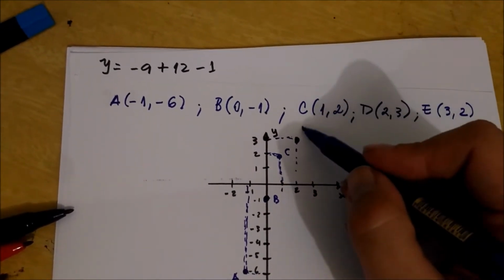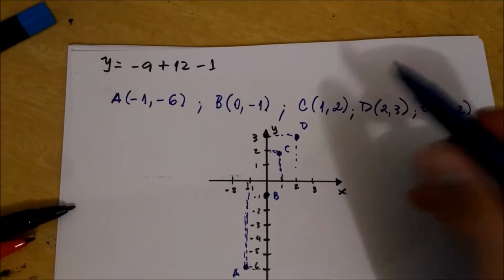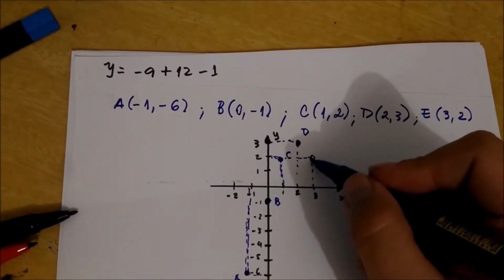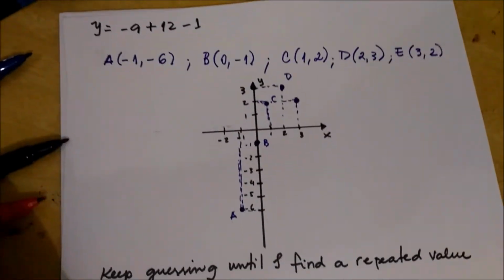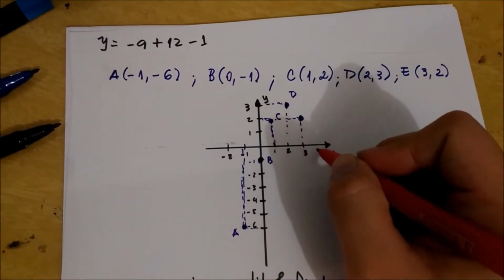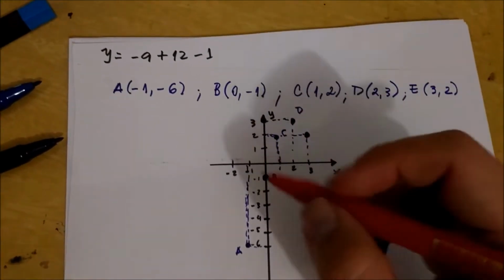And then the last point, 3 in x, 2 in y. So now if we connect this, now this looks like it's gonna be a parabola, right? So we're gonna connect them.